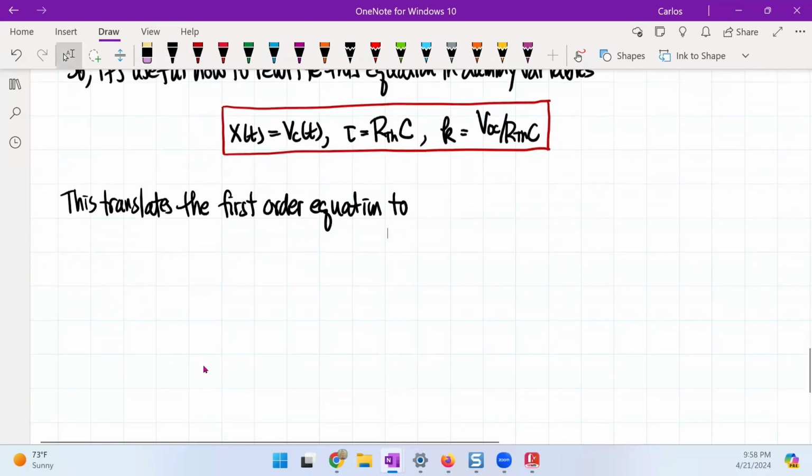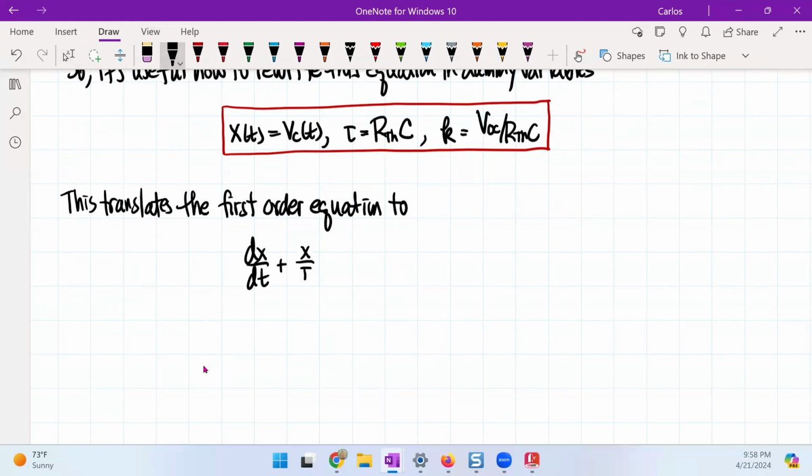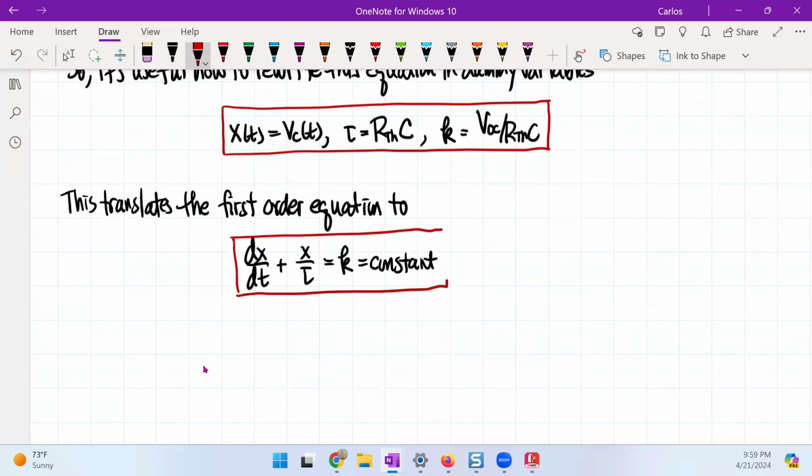So I'm going to have dx/dt plus x over tau equals k, but k here, to remind you, is a constant. It's a constant source. So this is the equation that we want to solve here.